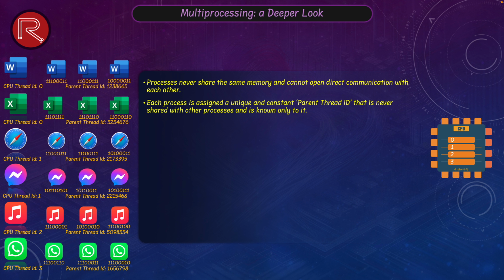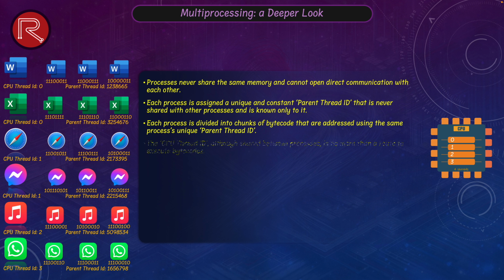Each process is assigned a unique and constant parent thread ID that is never shared with other processes and is only known to it. Each process is divided into chunks of bytecode that are addressed using the same process's unique parent thread ID. The CPU thread ID, although shared between processes, is no more than a route to execute bytecodes.